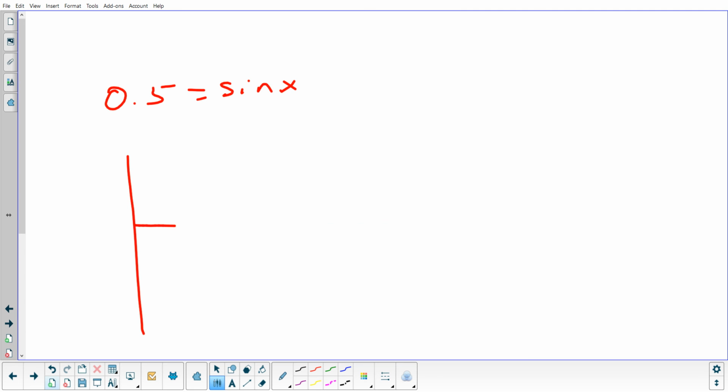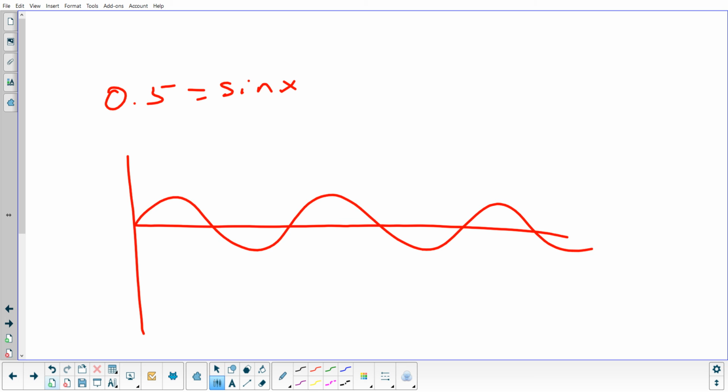So if you graph this on the calculator, I'd have a horizontal line at 0.5. Now, if I wanted to figure out how many solutions this problem had, and I could zoom out forever, how many would it have?